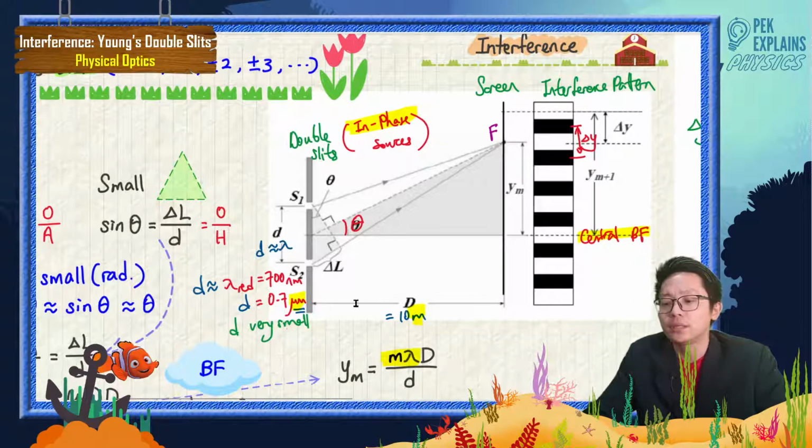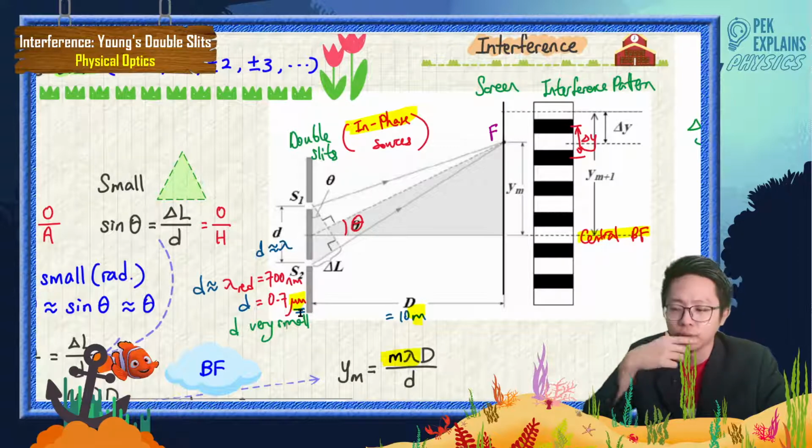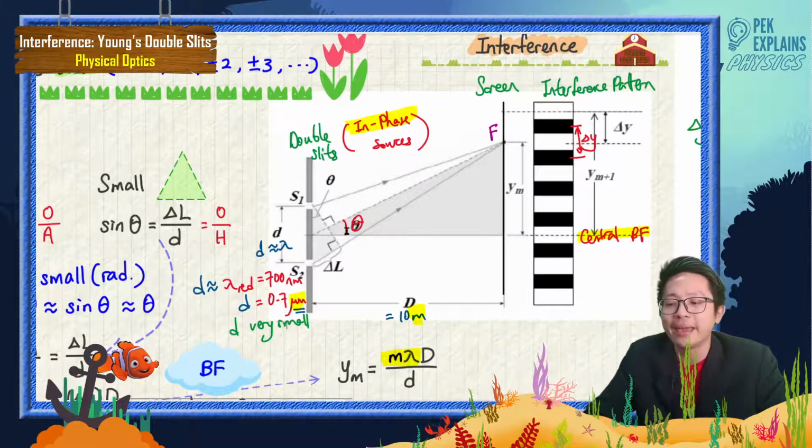Since this is a very long distance away, and the separation between the two slits is so small, the angle theta becomes very small. This separation is in terms of meters, but the separation between the two slits is in terms of micrometers. So that's why this theta is actually very small.